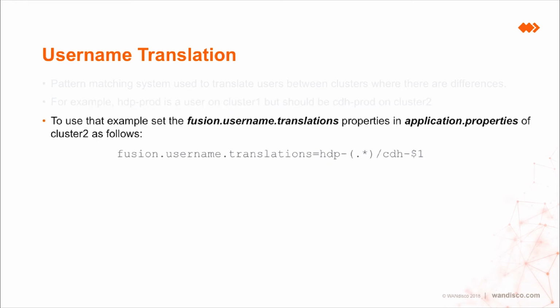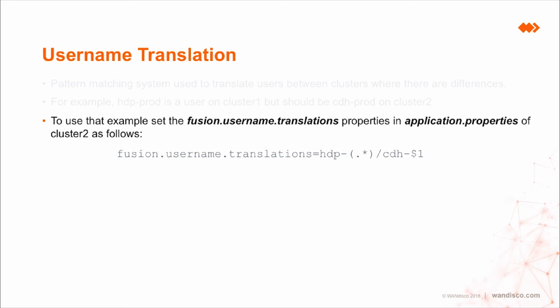To use that example, you set the Fusion username translations properties in the application properties of cluster 2 as follows. The fusion.username.translations, and you could set the HDP-(.*)/CDH-$1.